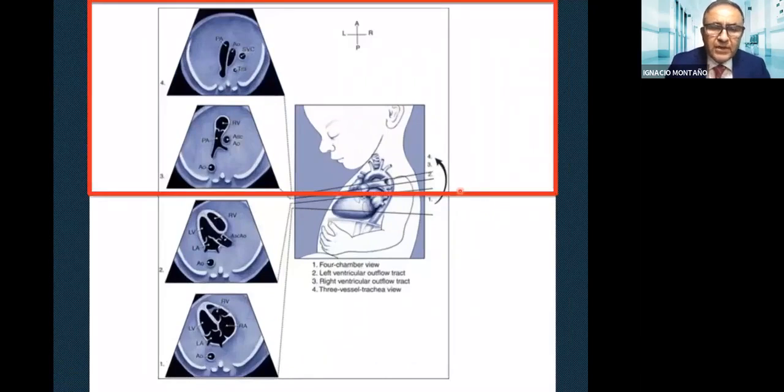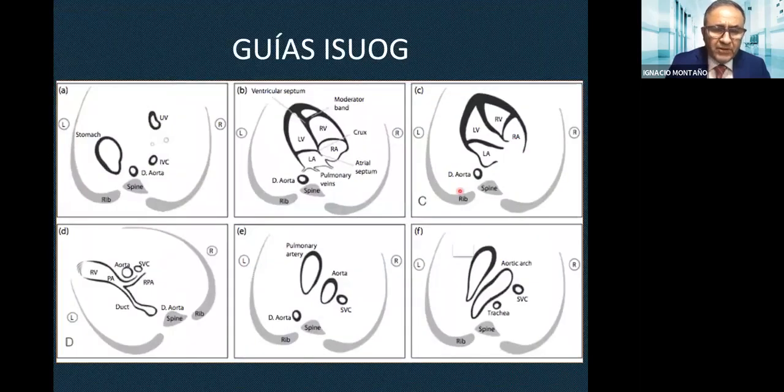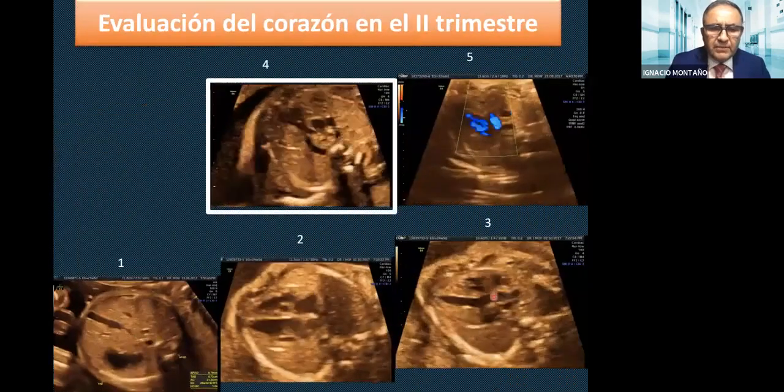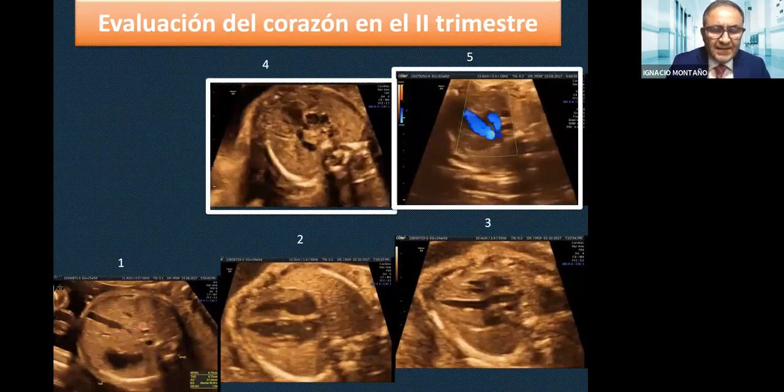The three-vessel view and the 3VT are the last views of the superior mediastinum among Yagel's 5 views, and as I mentioned, they are part of a sequential sweep of the right ventricular outflow tract, the three-vessel view, and the three-vessel trachea view. So, we evaluate transverse sections that start at the level of the upper abdomen to reach the upper mediastinum and assess the three-vessel view and the three-vessel trachea view.